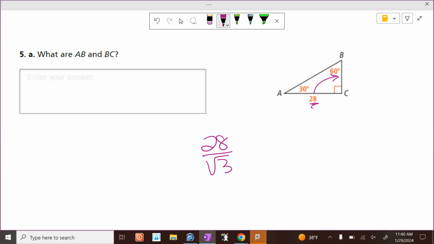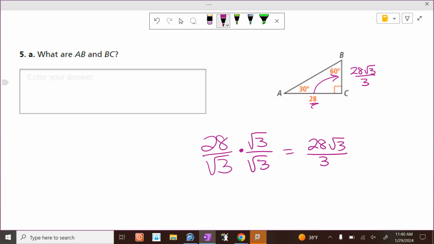Divide by the square root of 3. We can't leave a square root in the denominator, so we multiply top and bottom by square root of 3. So you get 28 square root of 3 over 3. Most of the time, they give you numbers where this is divisible by 3 and we reduce it down, and it's a little nicer. This one, it's not. So you're just stuck with 28 square root of 3 over 3 as an answer.